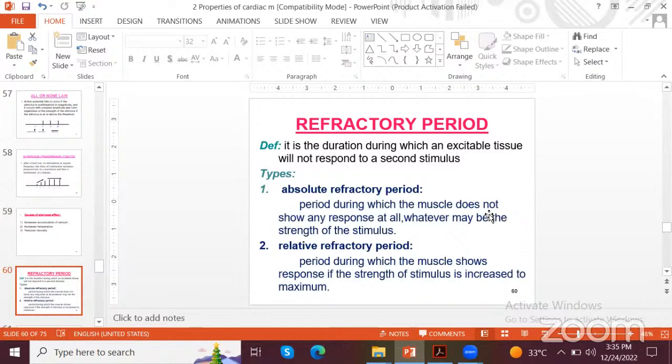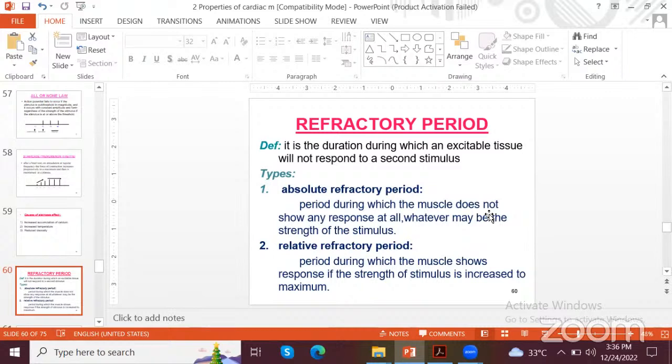Next, coming to the refractory period. That is the duration during which an excitable tissue will not respond to a second stimulus. Here, two types of refractory periods are present, an absolute refractory period and a relative refractory period.